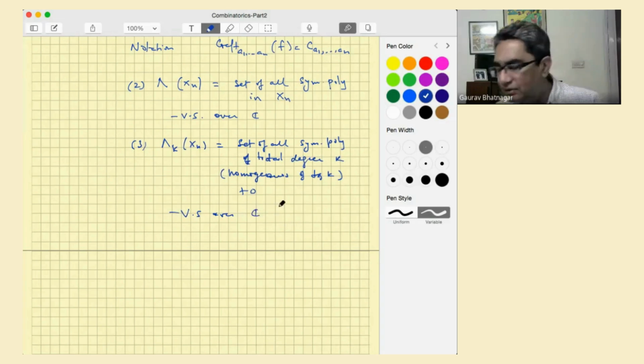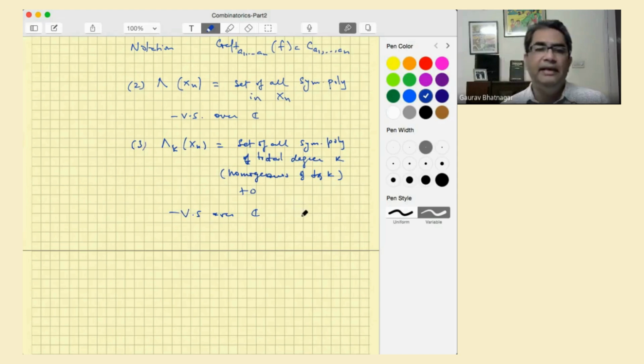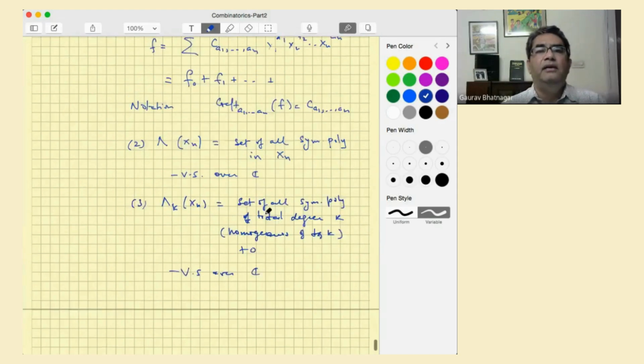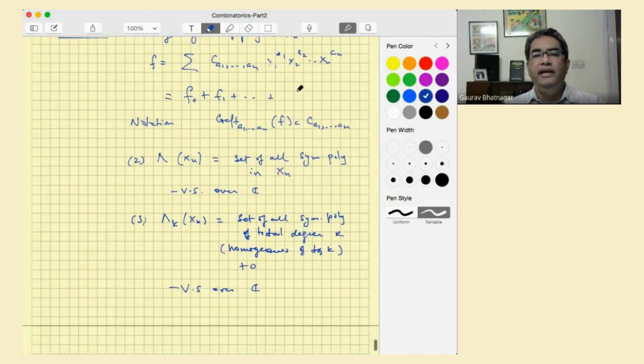So if you add or subtract two of them, you will get again a symmetric polynomial of degree k, right?